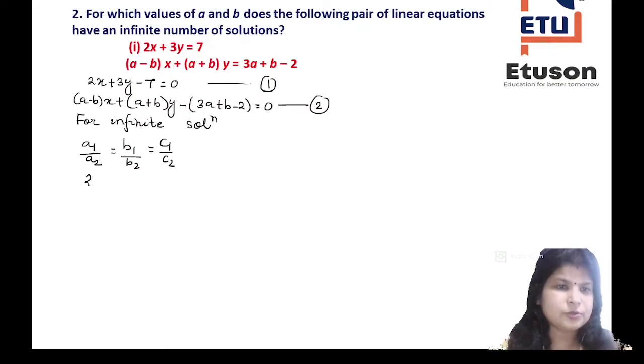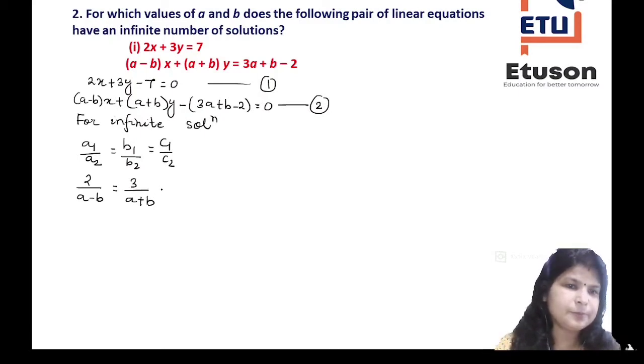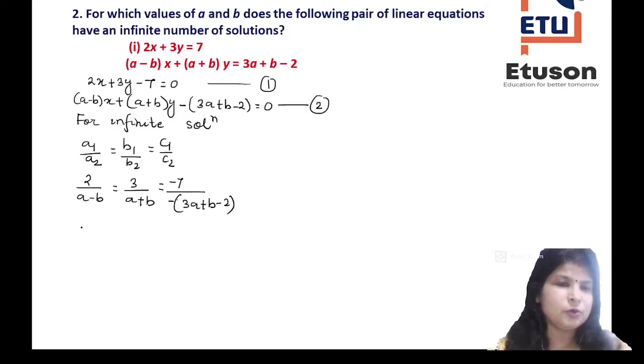It is 2 divided by (a minus b), that is equal to, what is b1 by b2? 3 divided by (a plus b), that is equal to, what is c1 by c2? Minus 7 divided by minus of (3a plus b minus 2). Correct or not? Now individually, if you take them, you will get two equations which you can solve and find out the values of a and b.